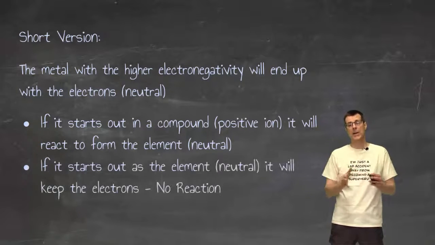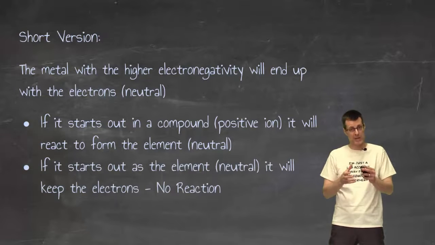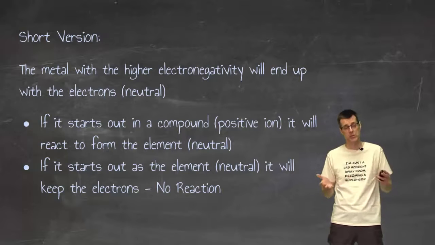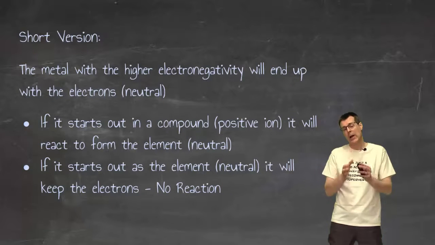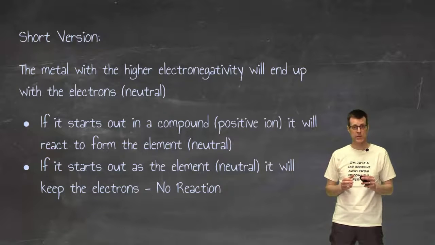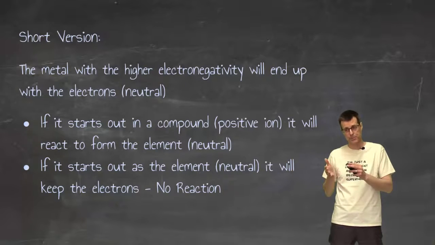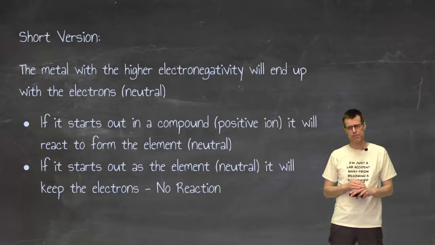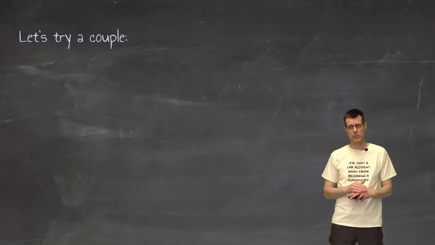But if that metal starts out as an element where it has electrons, quote unquote, available to be lost, if it has the electrons and it's neutral, it's going to keep those electrons if it has the greater electronegativity, at which point we would say no reaction.